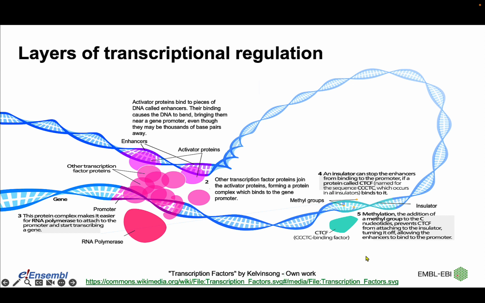The binding of these transcription factors is regulated by methylation. So within the DNA sequence, we have regions that are called CpG islands. And these regions are rich in CG repeats.